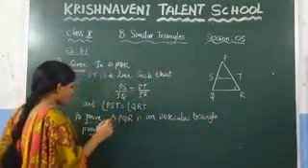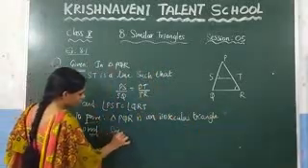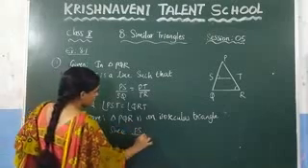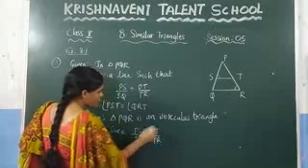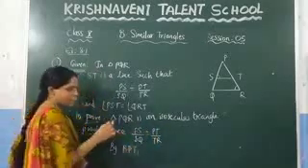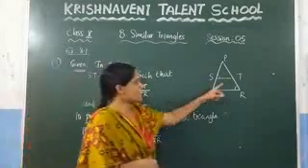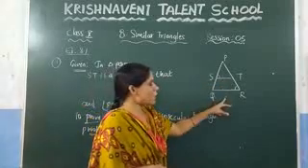So write it here: since PS by SQ is equal to PT by TR, by the Thales theorem or the basic proportionality theorem, these two sides are divided into the same ratio, then we can say that the line is parallel to the third side.